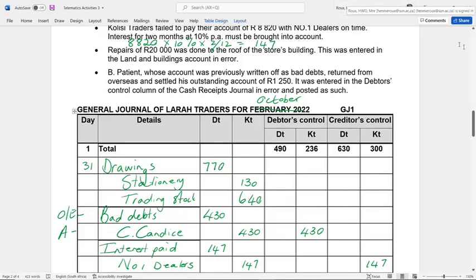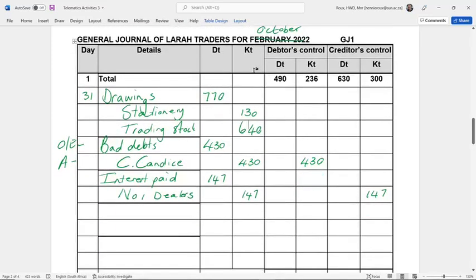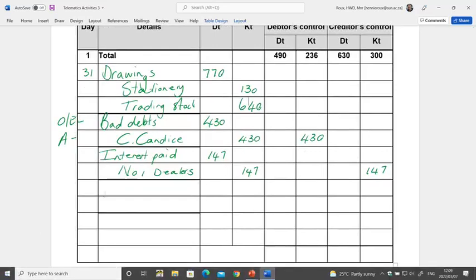Repairs of 20,000 was done to the roof of the store's building. This was entered in the land and buildings account in error. Repairs were done. We were supposed to debit repairs. So that is what we do, the right thing.